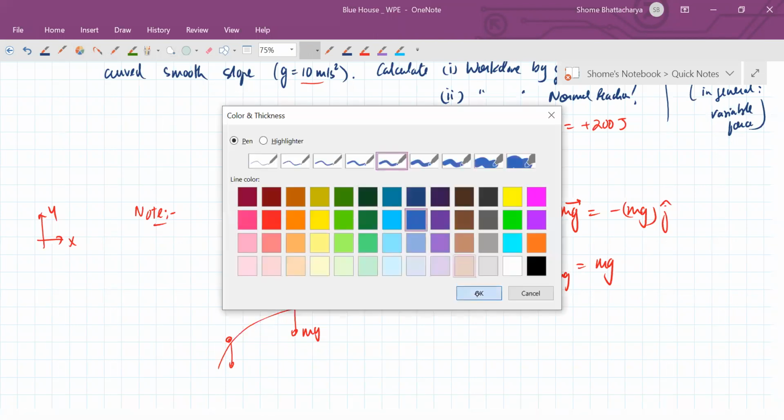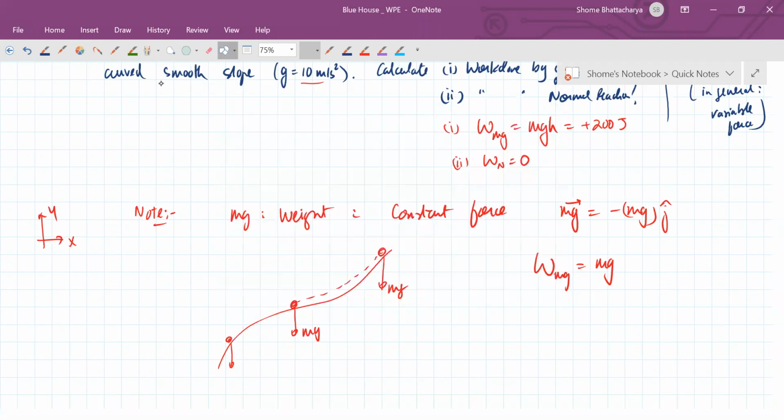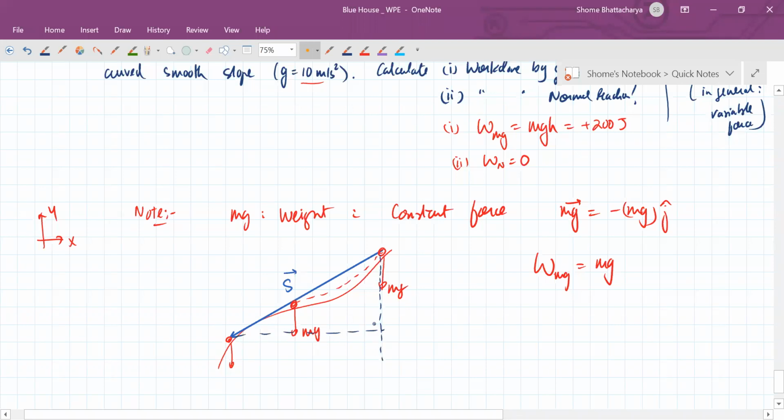If the displacement vector is this, then the projection of the displacement vector along mg is going to be h.